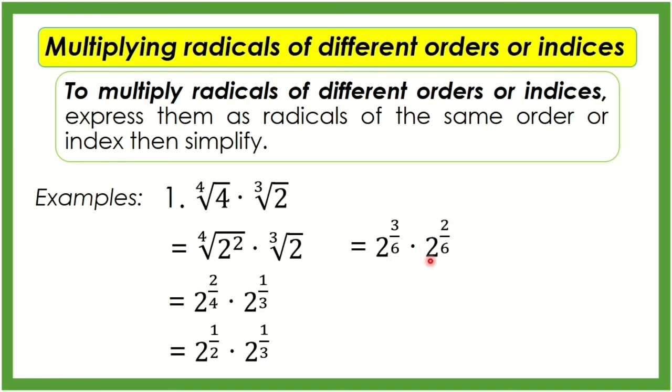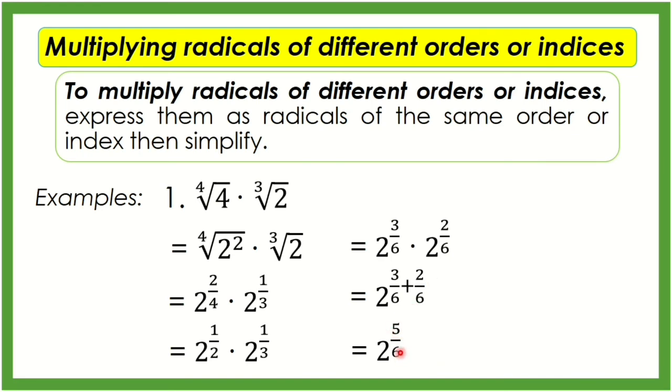Since parehas ang kanilang base, apply natin yung law of exponent, pag-addin natin yung kanilang mga exponent. We have 2 raised to 3 over 6 plus 2 over 6. We now have 3 plus 2, that is 5.